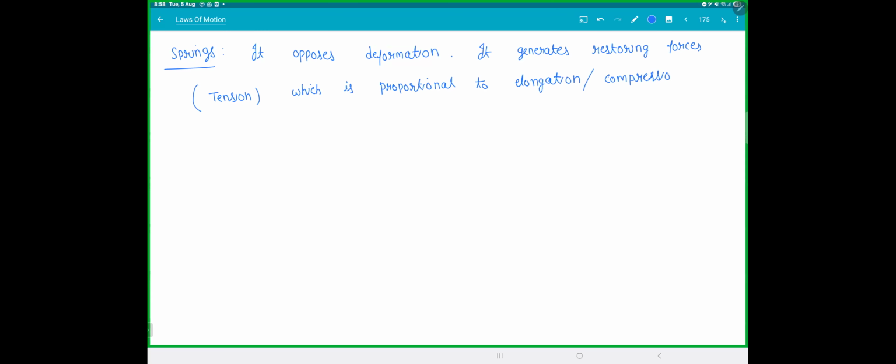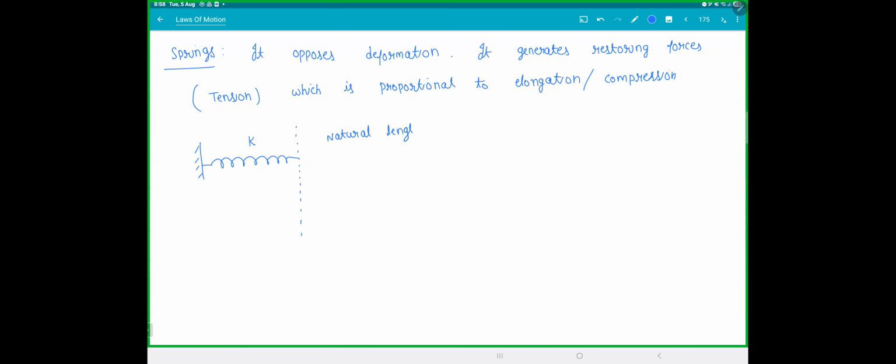So how much force a spring generates depends on how much you're stretching or compressing it. The symbol for a spring is a small helix kind of thing. We have a few terminologies here. We call it K. K is called the spring constant. We'll talk about that. This dotted line is your natural length.